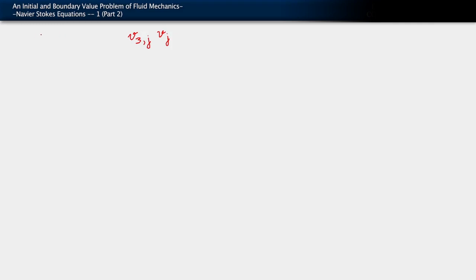So this is the only survivor. But even this can be further simplified, because now we have this contraction over j, and we already know that V1 and V2 are equal to 0.